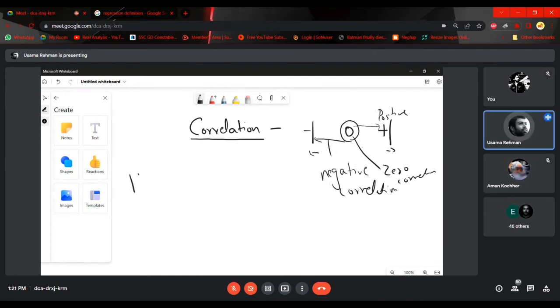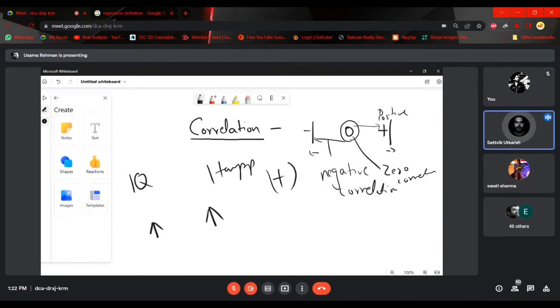Let's say we have two variables again, IQ and happiness. If after solving we come to know that the correlation is positive, I can only say that if one variable goes up, another will also go up. I will never say which one is the first to go up and which one is the last. Understood?